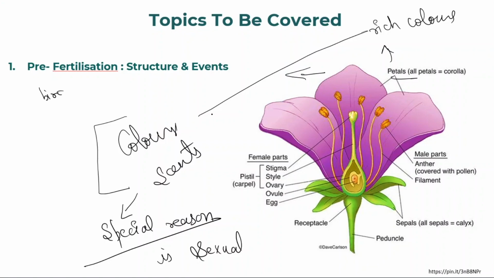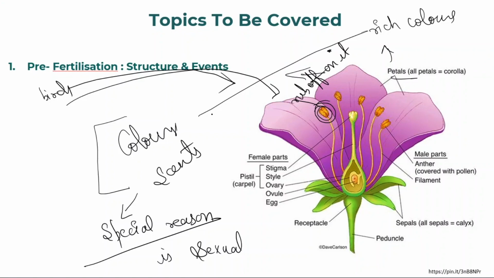If a bird finds a flower attractive, it will come and the anthers or the pollen will rub off on it. And then in a similar way, this bird will go to another flower.